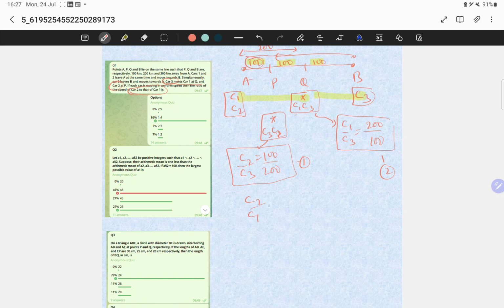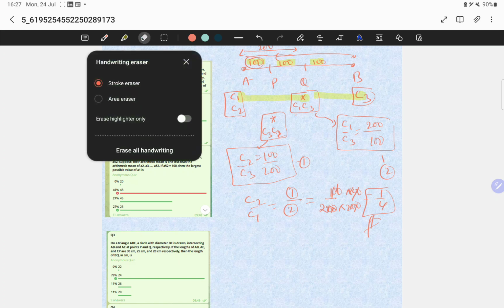For getting C2 by C1, we keep equation 1 as it is and divide by equation 2, so C3 gets cancelled. This will be 100 by 200 into 200 by 100, which is 1 by 4, and 1 by 4 is the answer to this question. Question number 1 done.